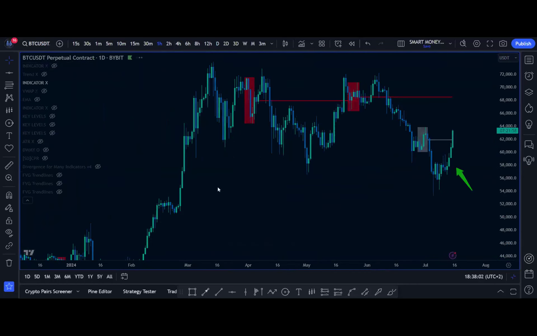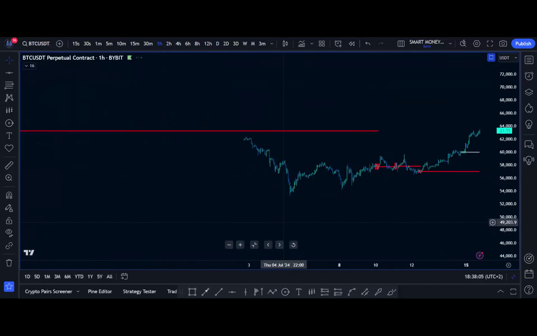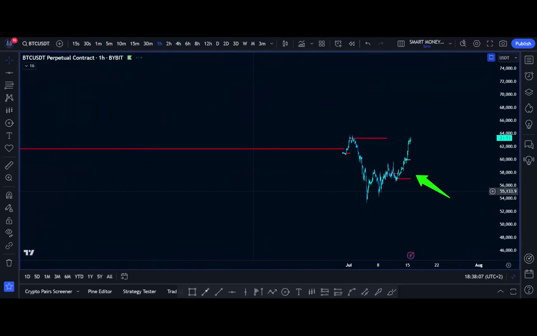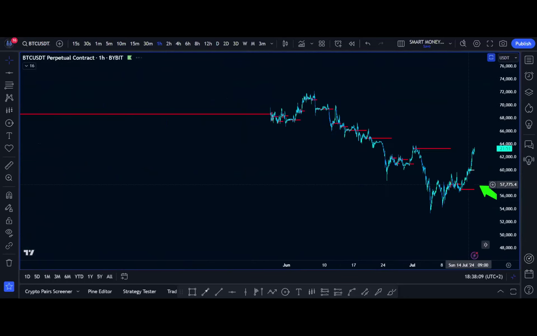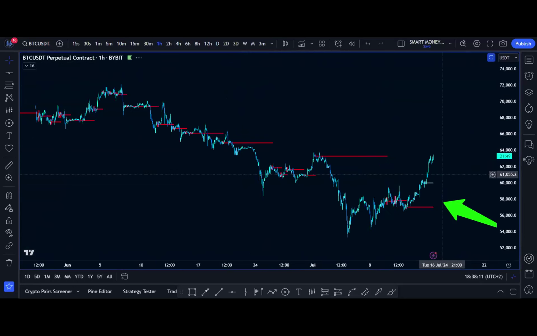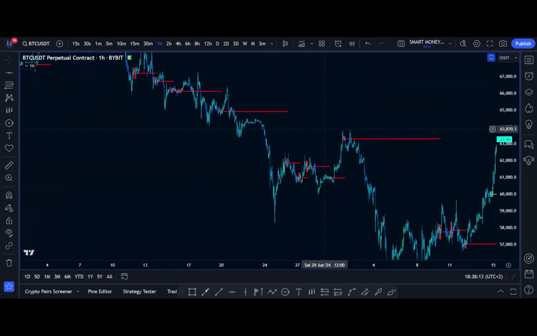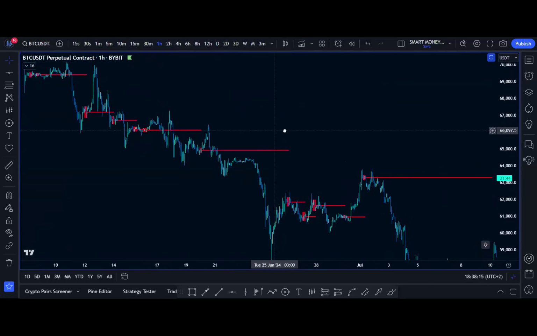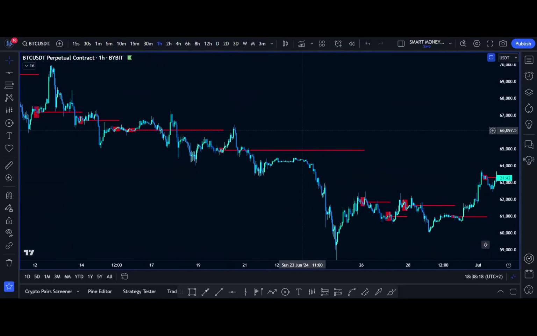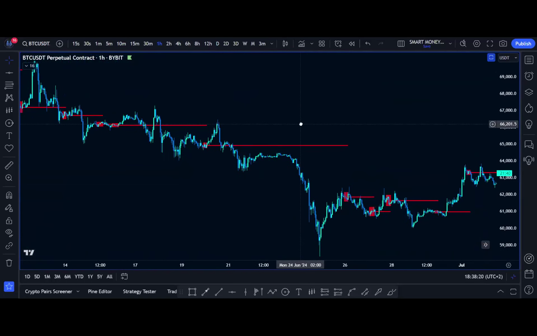I think I was on the 1 hour. Let's see if I can find that again. I think it's somewhere here. I'll explain to you exactly the difference now. Because I thought it was here, the peak. I thought the peak where it turns was the supply zone, but you went slightly lower. You'll see. So the supply zone, the peak is the liquidity.